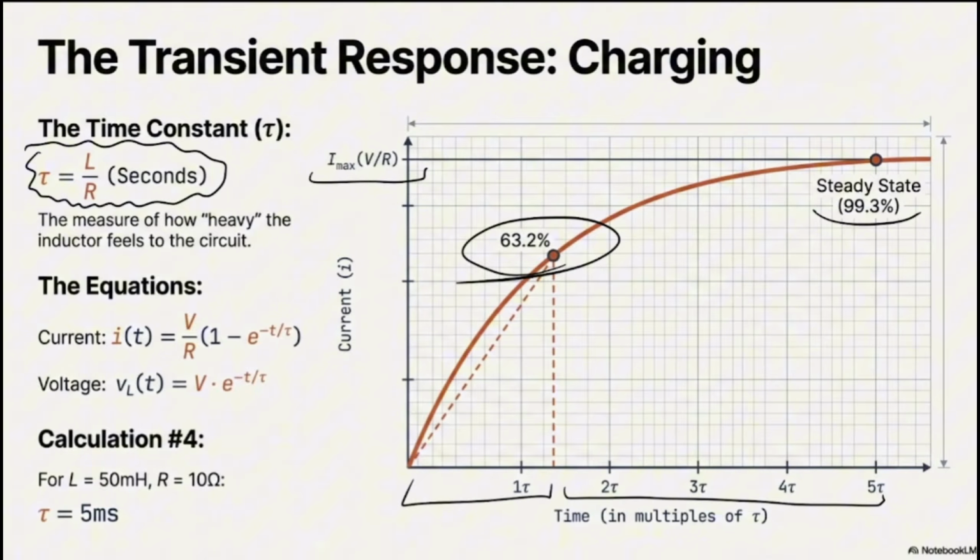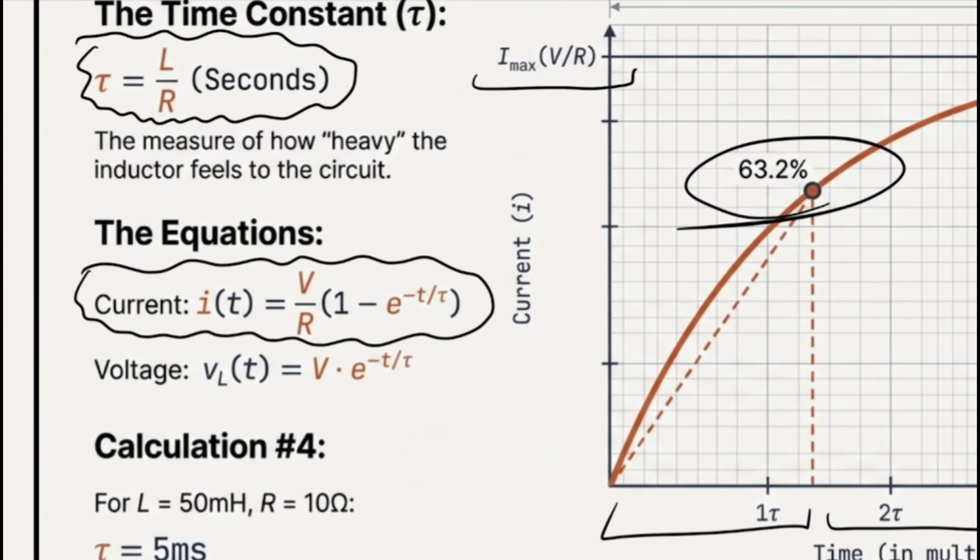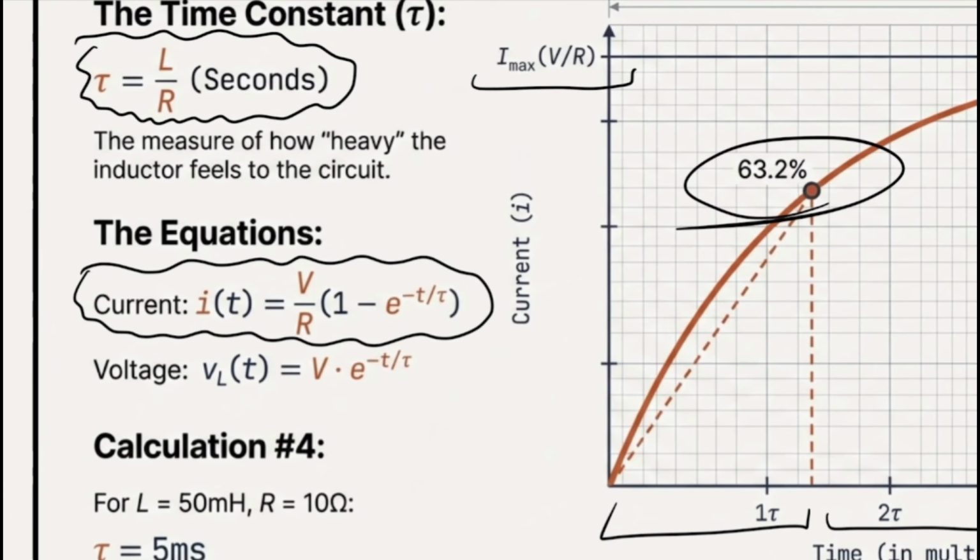We also have another formula, related to i(t), because as I mentioned, your current changes over time. The current over time equals V divided by R times 1 minus e to the power negative t over tau. One thing missing here is the time, and based on the question, for example, after 5 seconds, you can find the current value.